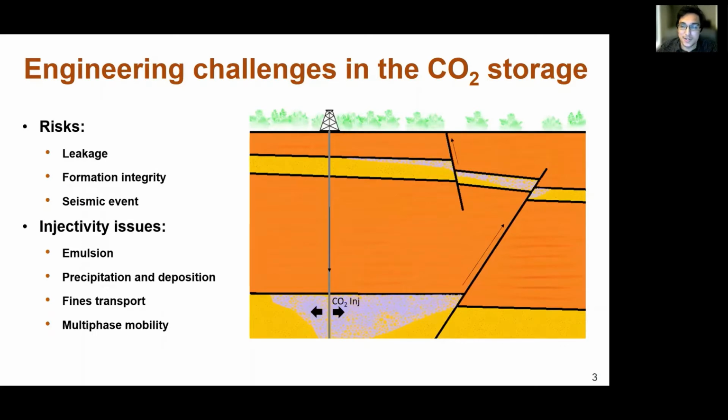So as has been discussed previously, right? Leakage is a big issue in the CO2 storage problem. We can have leakage through active faults, so the faults, they may be already active and able to connect different formations.